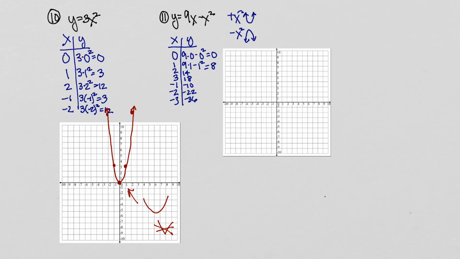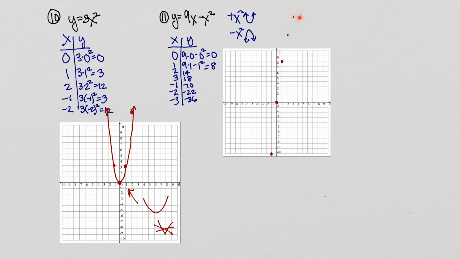Most of these points you can see are not going to be on our coordinate system, but we can get some. 0, 0 is here, 1 and 8 is up here, and then 2 and 14, well, that's going to be up here someplace. And then 3 and 18, that's going to be up here even higher. And then if we go on the negative side, negative 1 on the left will be at negative 10. So it looks like this parabola is moving like this.